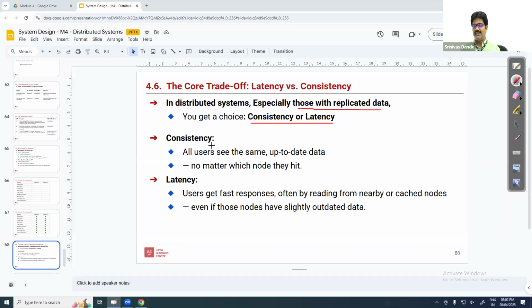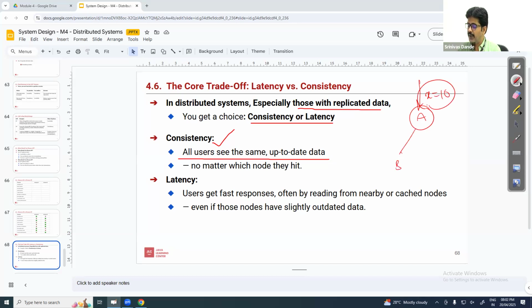Now, what is consistency? As we have already seen, I have written a different point. Consistency means all users see the same up-to-date data, correct? You have a node A. Consider this is a master. Somebody is writing the data here, writing x equals 10.